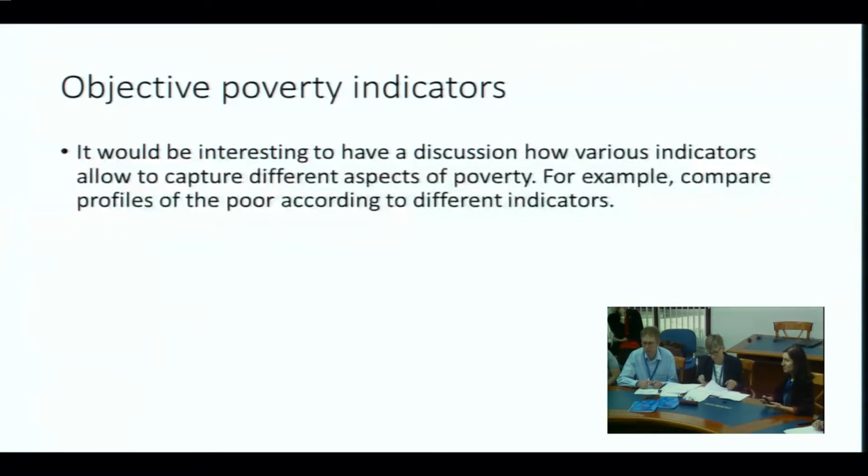Maybe an easy way to do this is to compare the profiles of the poor, so who falls into these groups of poor according to different definitions, to make us understand how we can use these indicators. So what do we get by using different indicators?